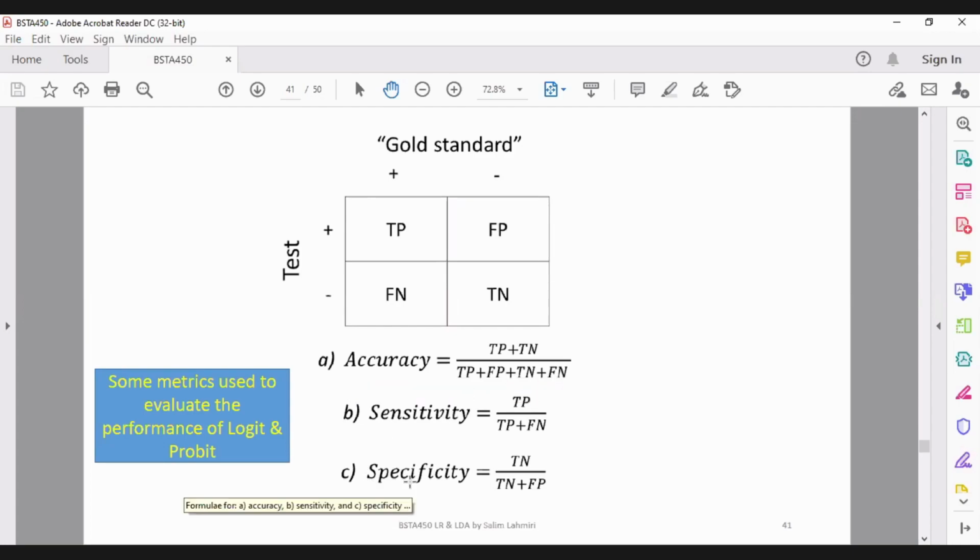So a model with high specificity metric means that this model is capable to correctly detect non-risky companies. So use this model to build your portfolio of non-risky companies. Any question regarding this slide, please?